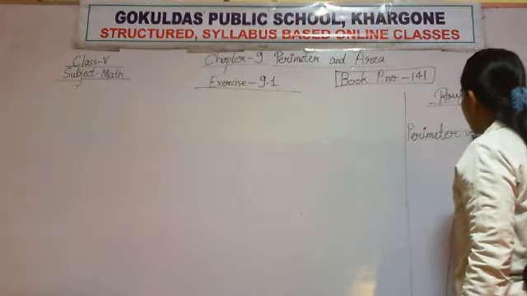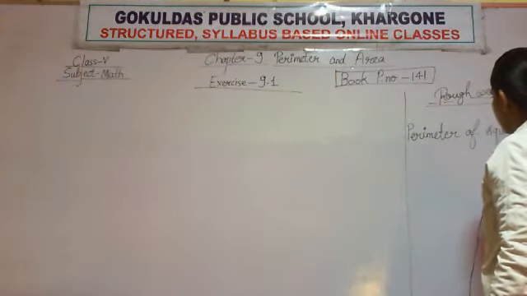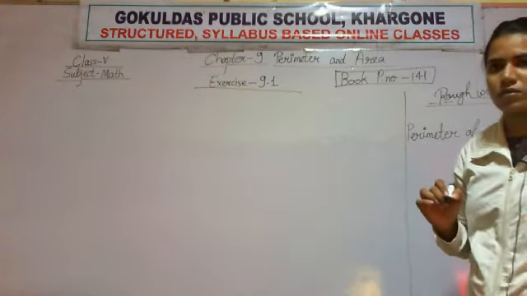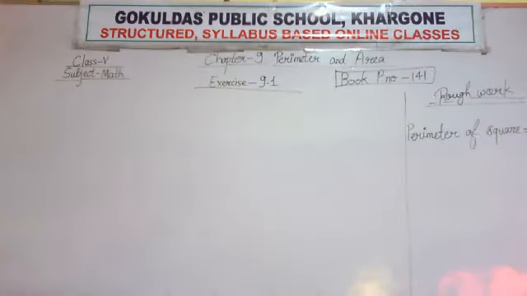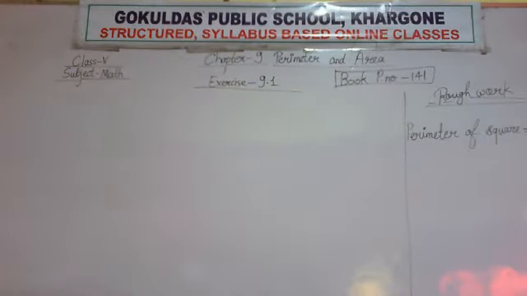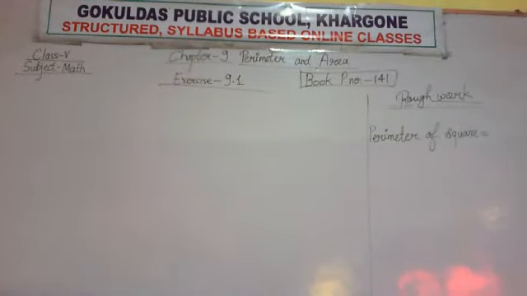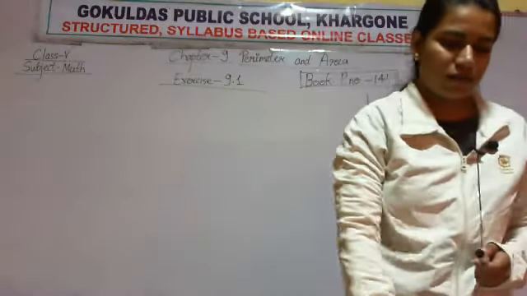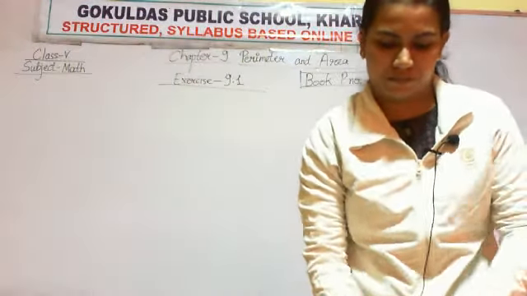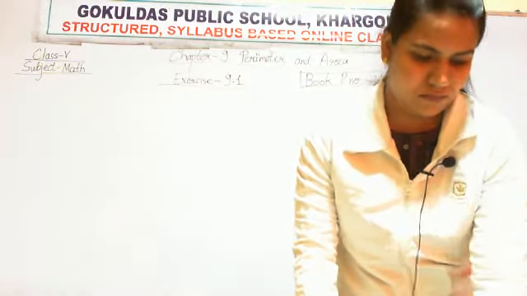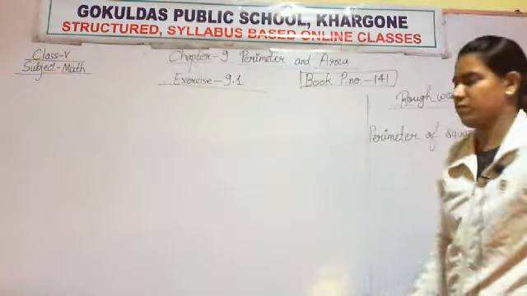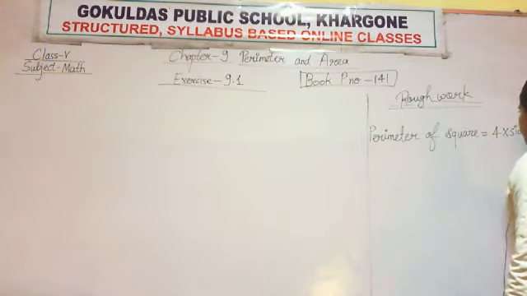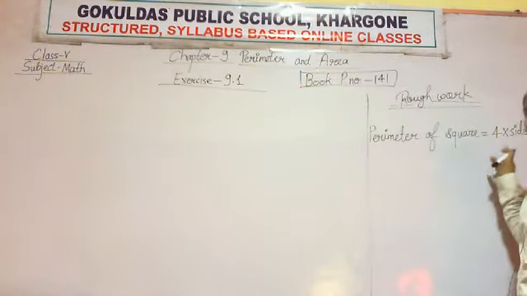Perimeter of a square is equal to how much? Right? 4 into side. This is the formula for perimeter of a square.